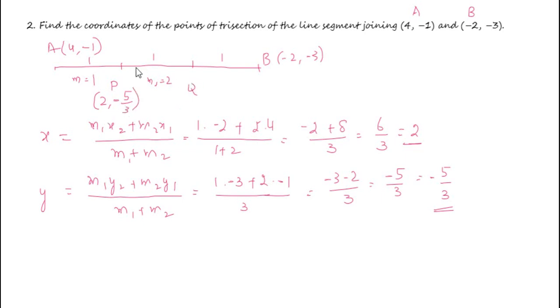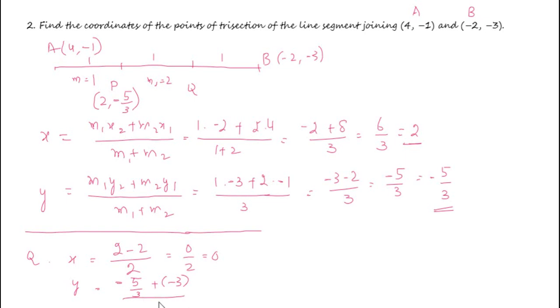So Q is the midpoint of P and B. So x1 plus x2 divided by 2, y1 plus y2 divided by 2. So again we will calculate now the coordinates of point Q. So x coordinate equal to x1 plus x2. x1 is 2, x2 is minus 2. So 2 minus 2 divided by 2. So this is 0 divided by 2 equal to 0. Now y1 plus y2, minus 5 by 3 plus minus 3, divided by 2.